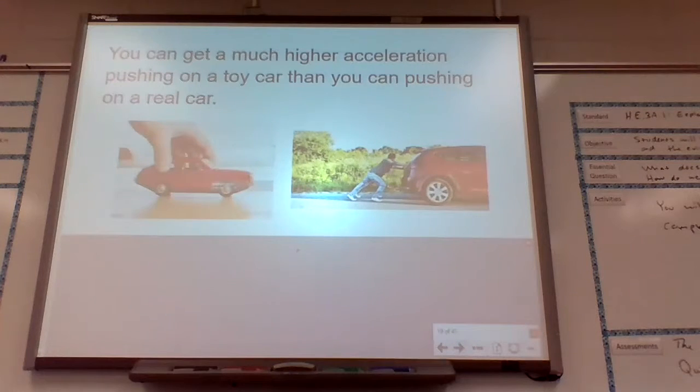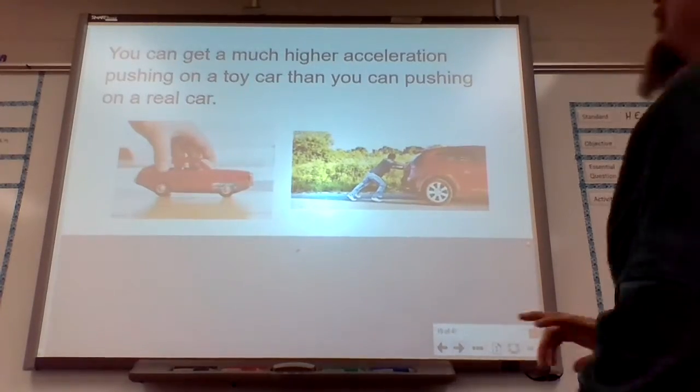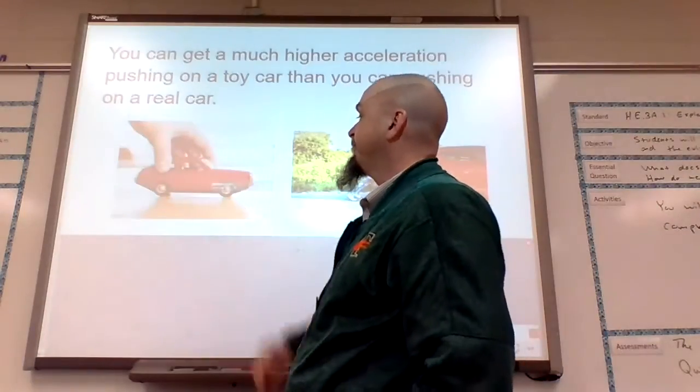Real world example of it, pushing on a car. You can get much higher acceleration pushing on a toy car than you can on a real car. And the explanation for that, the reason for that, is mass. You could apply the same force to both objects. That force, however, would be acting on a much smaller mass over here.